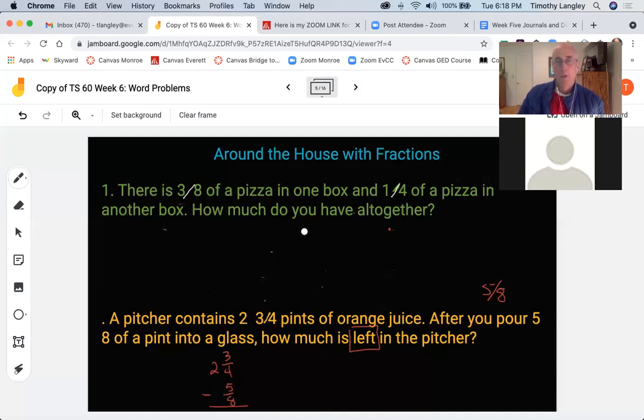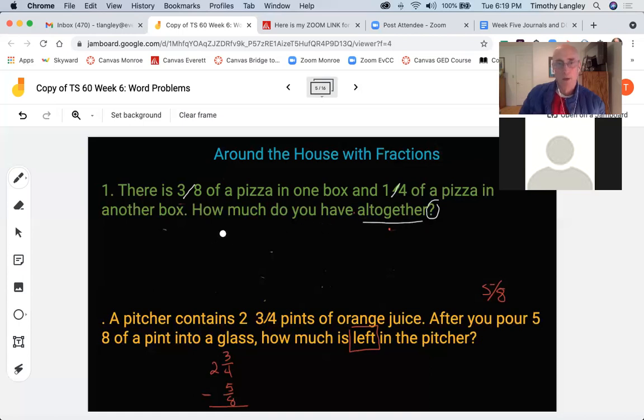Remember I told you, go to the last sentence that has the question mark. Look for the keywords in that sentence. Here it is right there next to the question mark, all together. That was one of our key words for adding, okay? So what we're going to do is, okay, we're adding. We just figured that out.